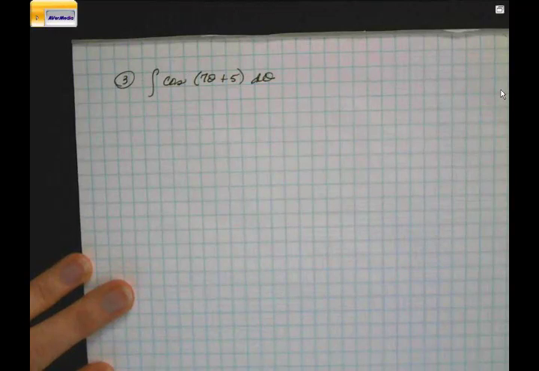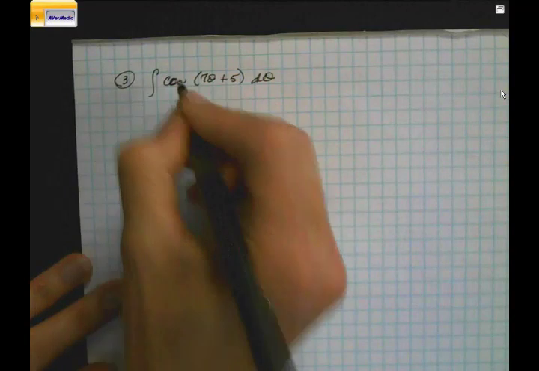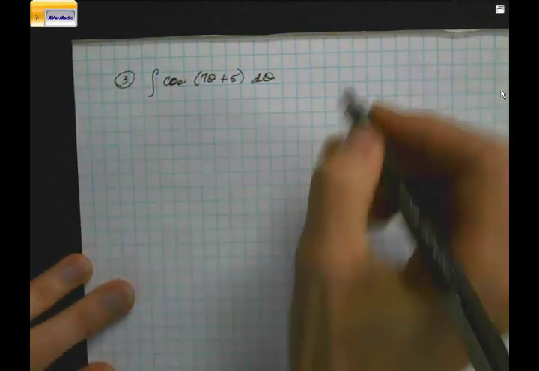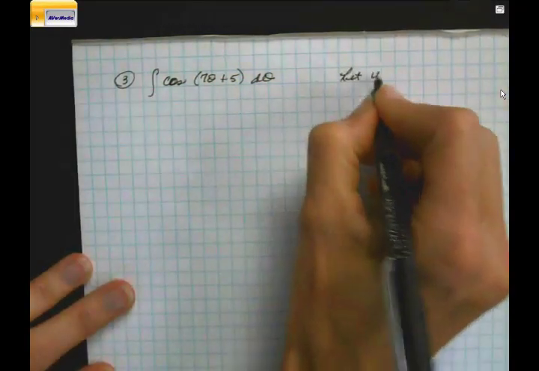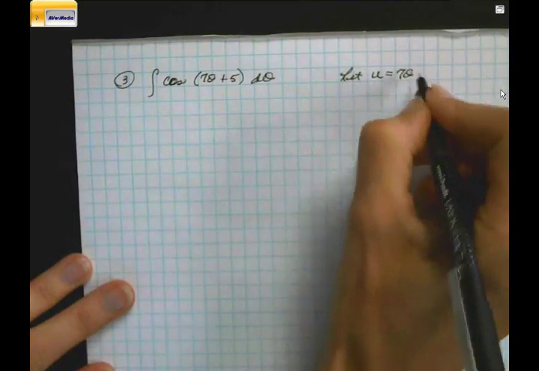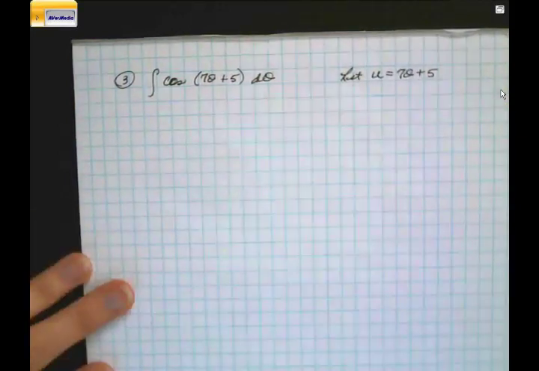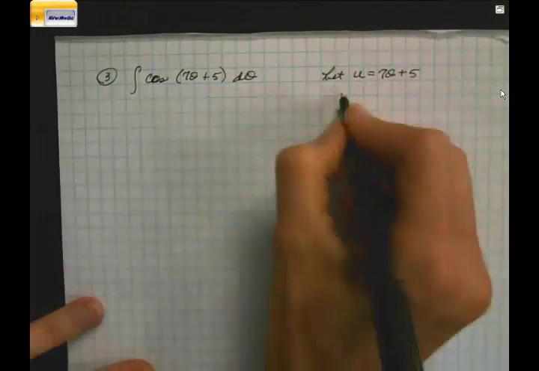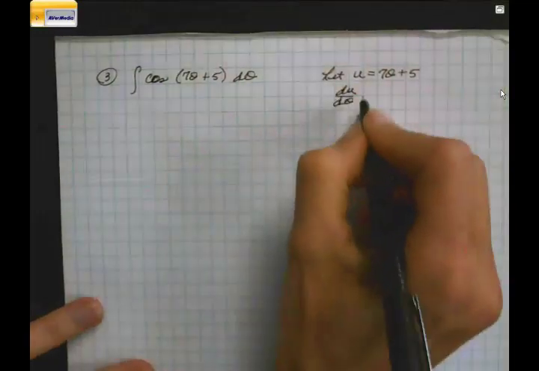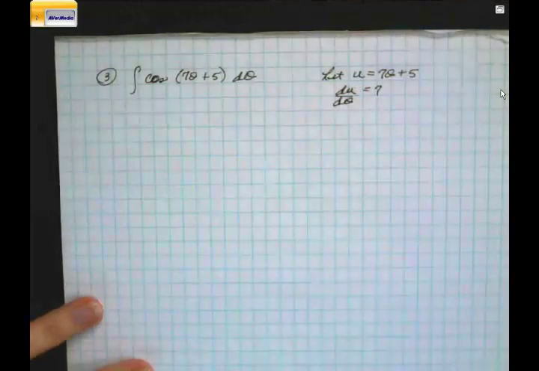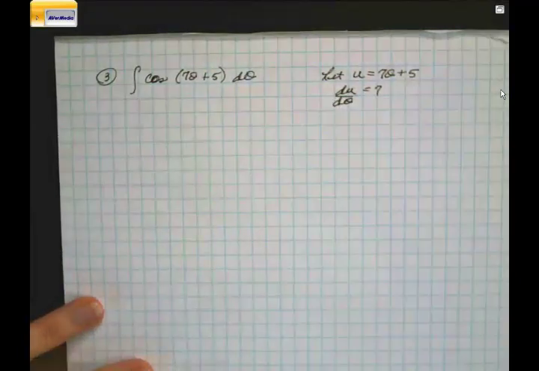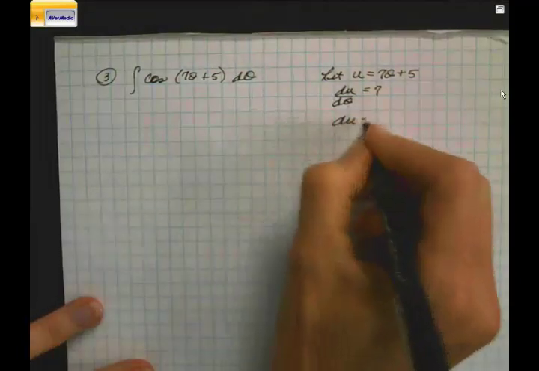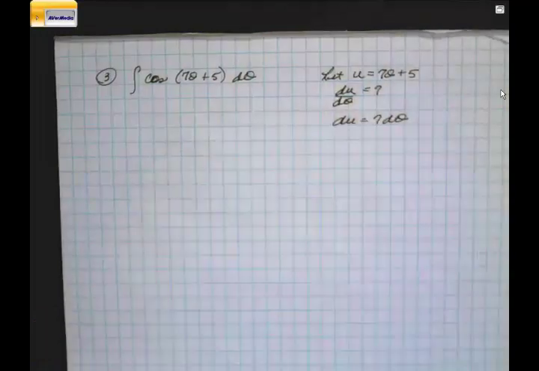So the argument is the problem. That's a cosine. So I'm going to let u be the argument of the trig function, 7 theta plus 5. Then du d theta, because you're taking the derivative with respect to theta, is 7. Or du equals 7 d theta.